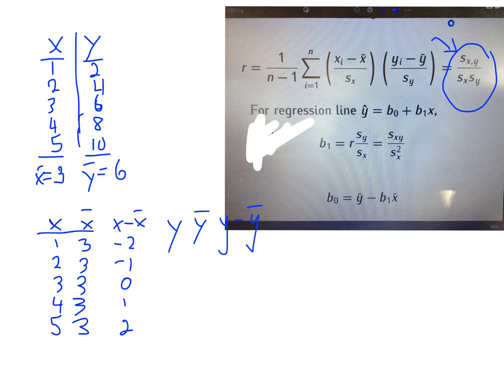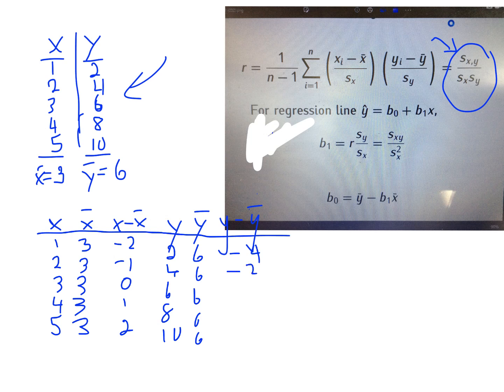And if I do the same thing for my Y values, I'm going to write 2, 4, 6, 8, 10 in the chart at the top here. My Y mean is 6, 6, 6, 6, 6. So when I subtract those, I get negative 4, negative 2, 0, 2, and 4.